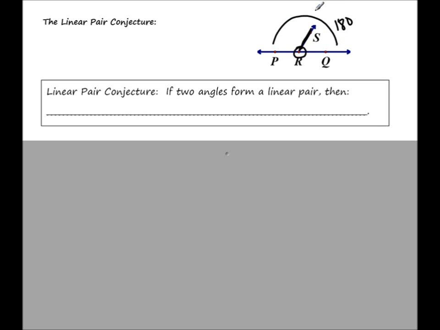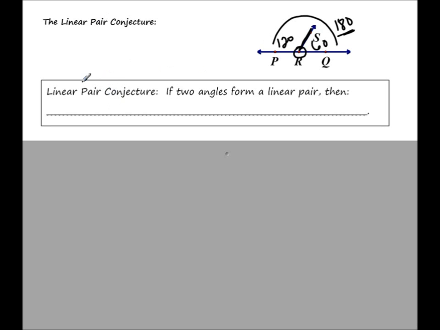So these two angles together are 180 degrees. So if I have PRS, which is 20, that's not 20, let's say 120 because it's obviously obtuse. Say it's 120. Well, the two of them together are lying on a straight line. So they are supplementary, which is 180 degrees. So then this would be 60. 60 and 120 is 180.